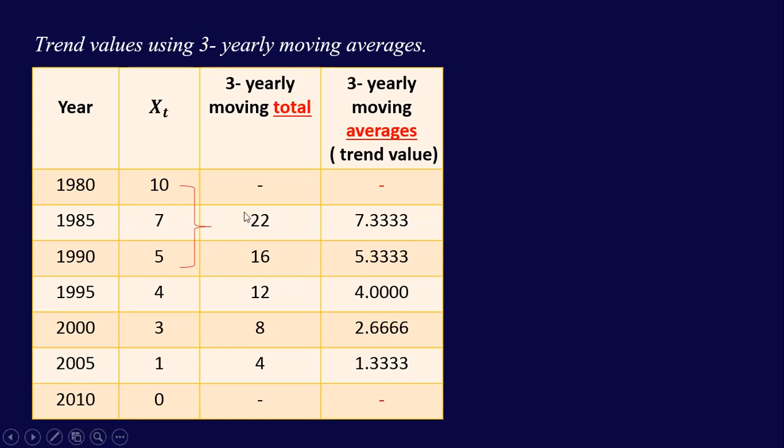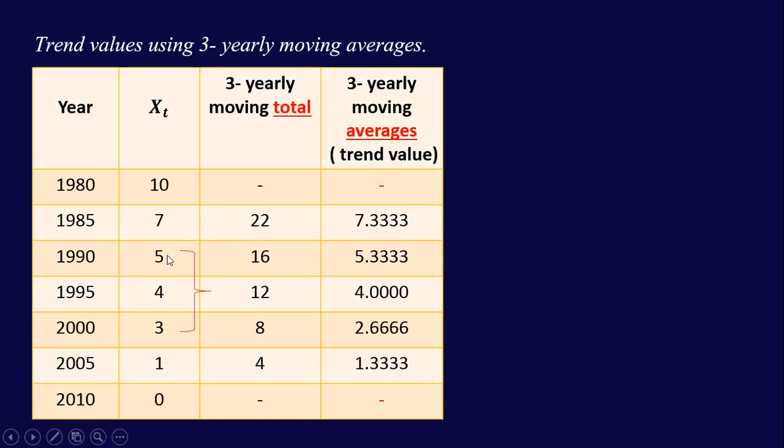Okay, this middle value 22. Then we skip this 10 and we take the next three observations, that is 7, 5, 4. 7 plus 5 plus 4, we get 16 and we write this value 16 in front of this middle value.